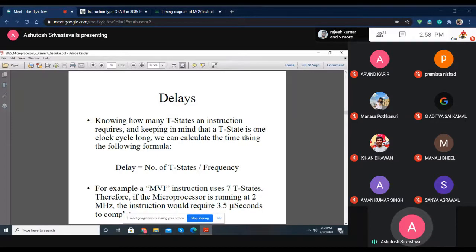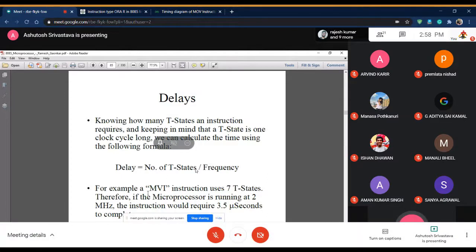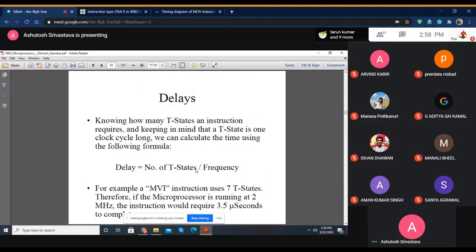So each of these instructions that we are talking about uses several T states. Here we have given the example like the MVI instruction, which is move immediate. It uses 7 T states.